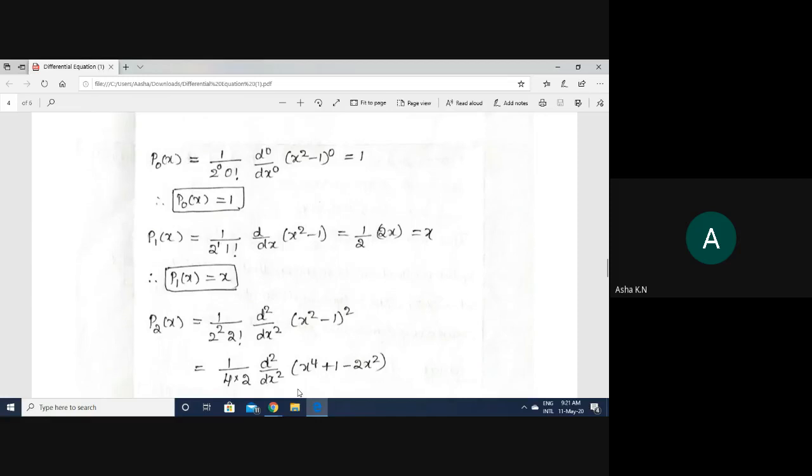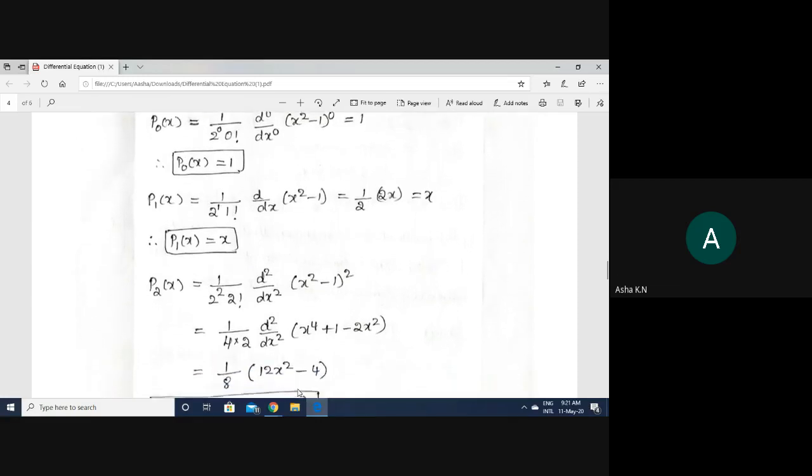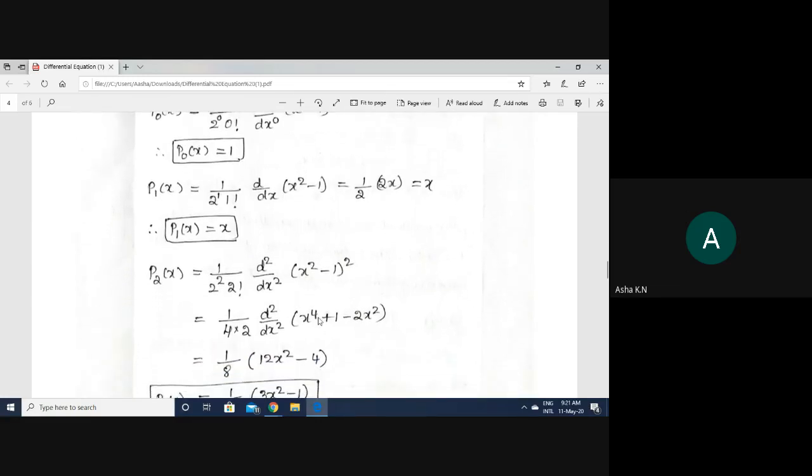I have done it twice directly and substituted. So one time when you differentiate, you will get 4x cube. Next time you will get 12x square. 1 on differentiation is 0. Minus 2x square on differentiation: one time is minus 4x, next time is minus 4.